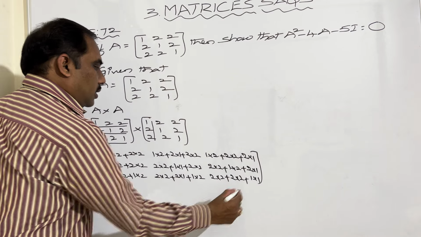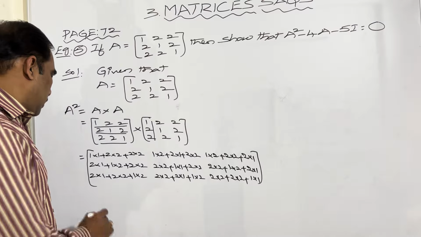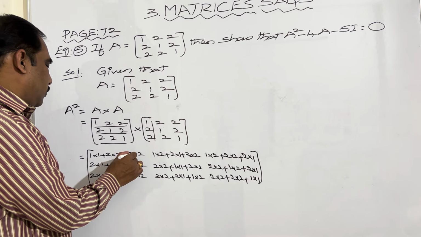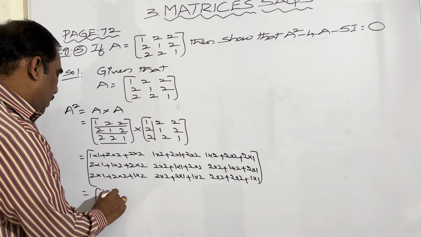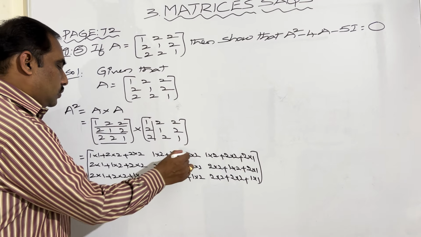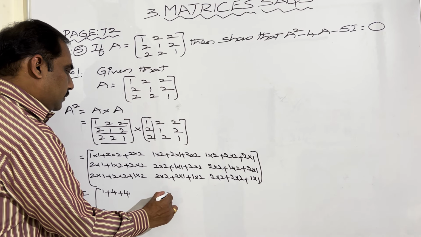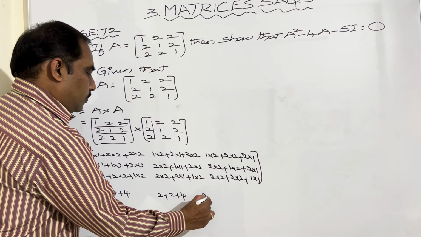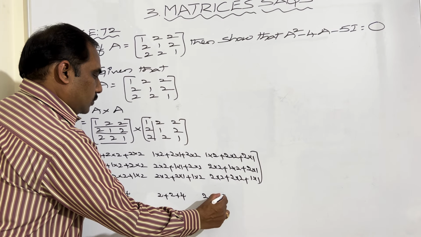We can observe what values we are getting here. This is 1 plus 4 plus 4 in the first row, and again here 2 plus 2 plus 4, and 2 plus 4 plus 2.